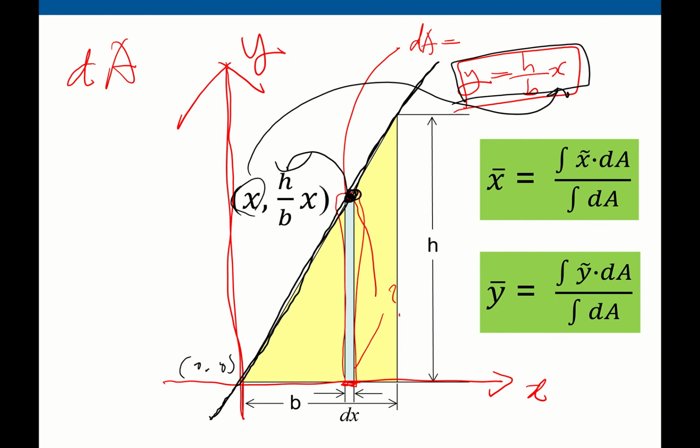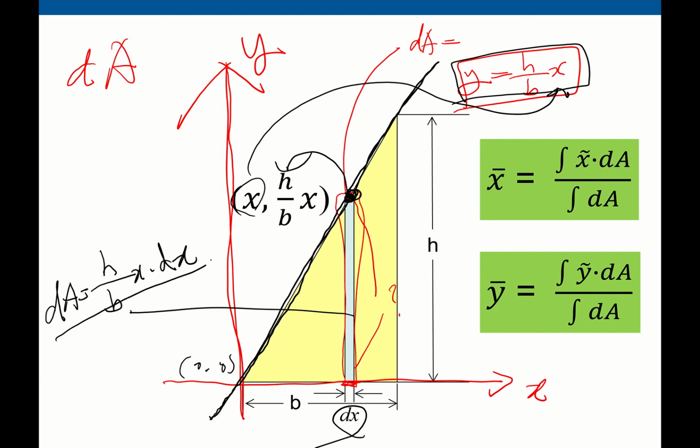Anyway, what is the differential area of these boxes? Area is height times width, right? The height is h over b x, and the width is differential x. Here we have a differential x.